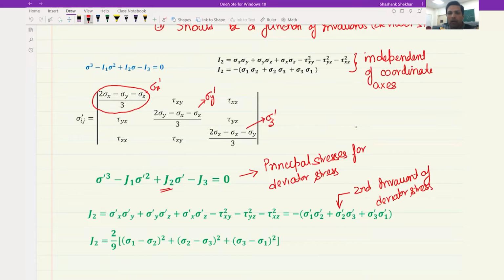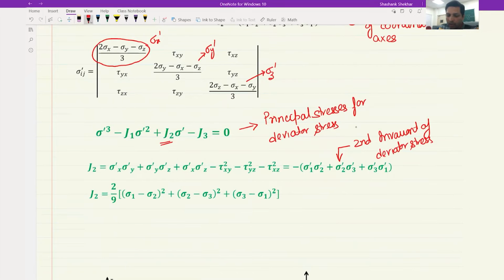And based on our understanding from the last class, this particular function is a function of deviator stress, and it is a function of invariants of the deviator stress. And what's more is that if you expand it, you write sigma 1 prime, sigma 2 prime and sigma 3 prime in terms of sigma 1, 2, 3, then it translates into this form.